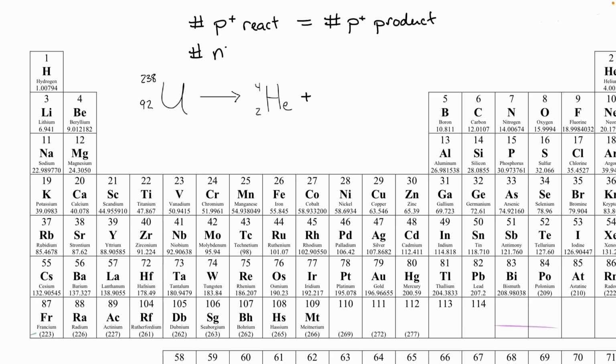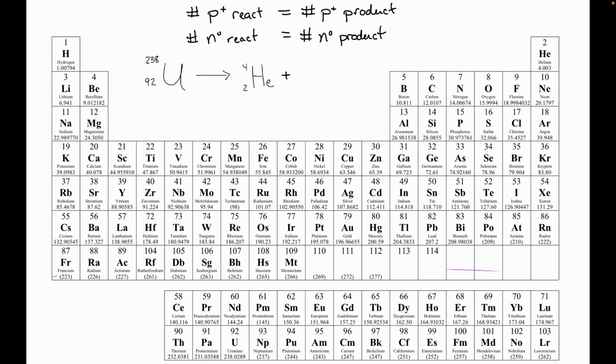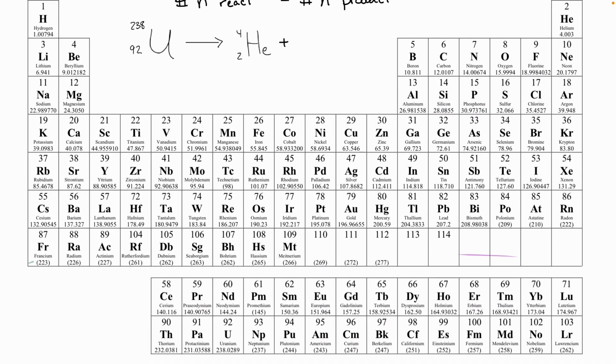And the number of neutrons on my reactant side has to equal the number of neutrons on my product side. I can't be creating or destroying these subatomic particles out of nowhere. So that's the principle that we're going to apply to balancing these nuclear equations.